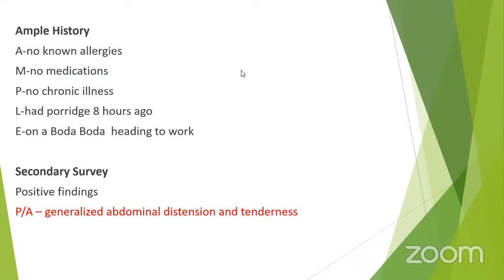No known allergies, she was not on any medication. She had no chronic illnesses, and she had had a cup of porridge 8 hours prior, and the event was the boda accident while she was heading to work. Secondary survey: the only positive finding was generalized abdominal distension with tenderness, mostly around the right iliac and hypochondriac region.